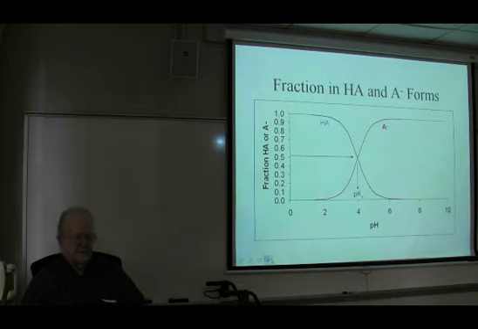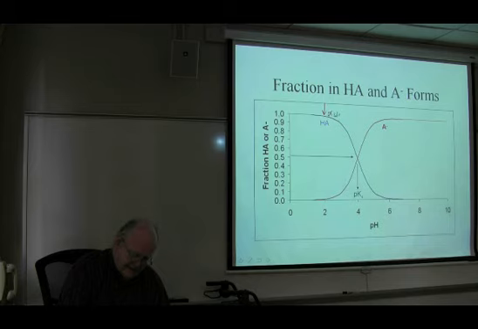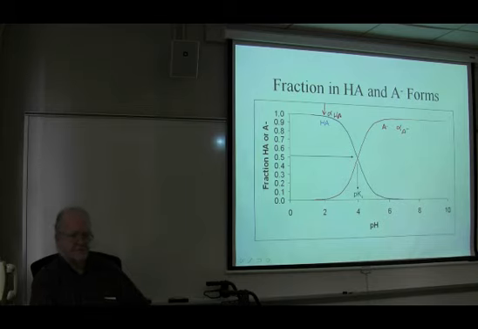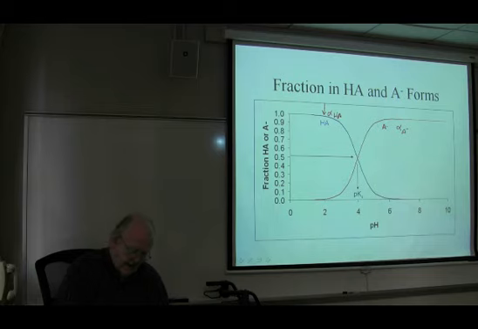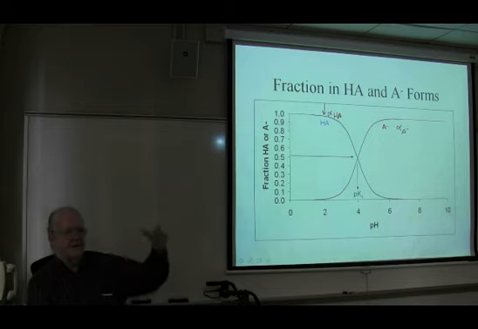Before I do that, this is a plot. This is a plot of the alpha HA, and this is a plot of the alpha A minus. I'm sure you've seen plots like this before. As we increase the pH, the fraction that is in the protonated state varies from 1 down to 0.